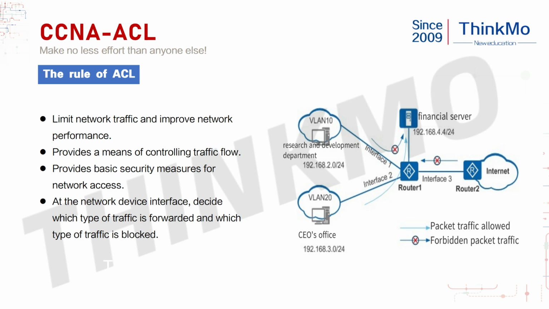And then the other side is what? The internet is getting bigger and bigger now. Similar to the Panda Burning Incense virus, it is easy for the enterprise intranet to be infected with viruses, thus causing some hidden trouble to the security of the intranet. That's why we sometimes have to block certain ports, based on the port number.